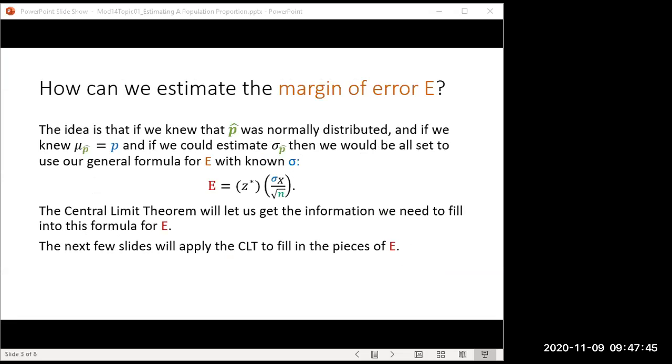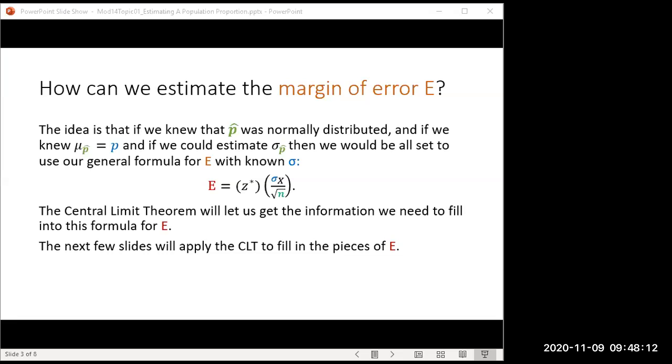Now, how can we estimate the margin of error? The idea is to connect this to what we were doing before with estimating the mean of the distribution of a continuous random variable. Now this is a little bit different. Our yes-no variable is not continuous.